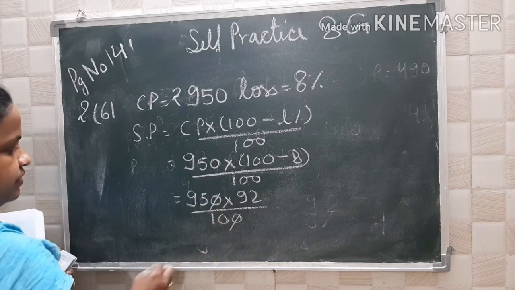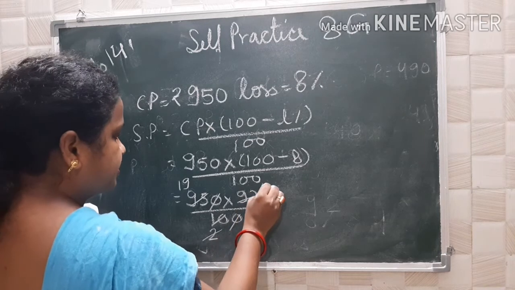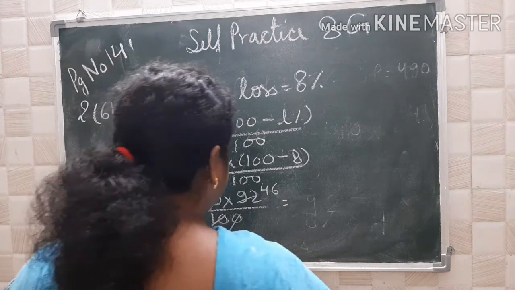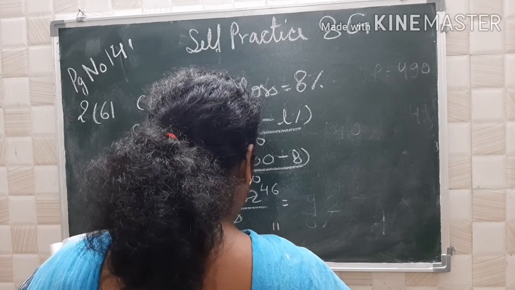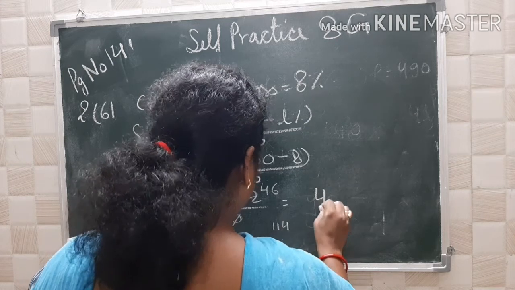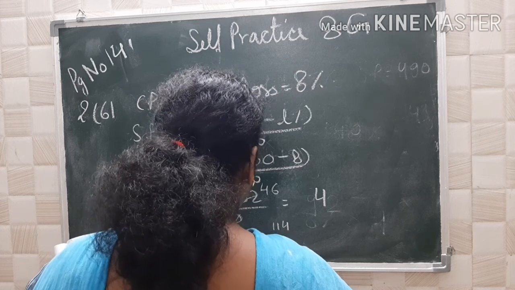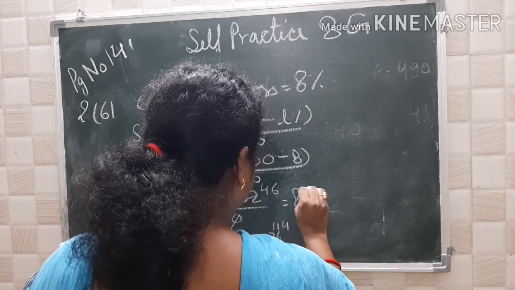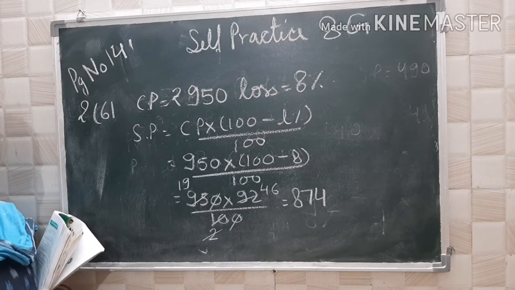0 0 cancel out. 5 19s are 95, 5 2s are 10... 46 into 19... So what will be your amount? 874.